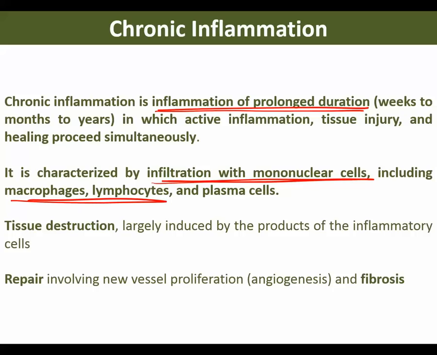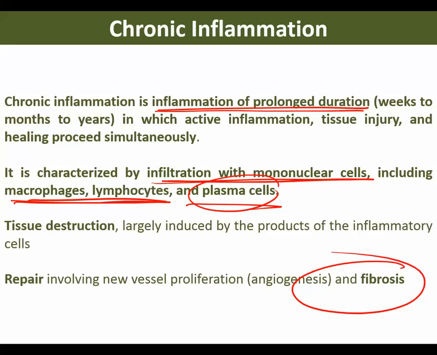In the blood we call it a monocyte; when it comes out of the blood, it is a macrophage. Plus plasma cells, which I will explain in immunology. They will always produce fibrosis.